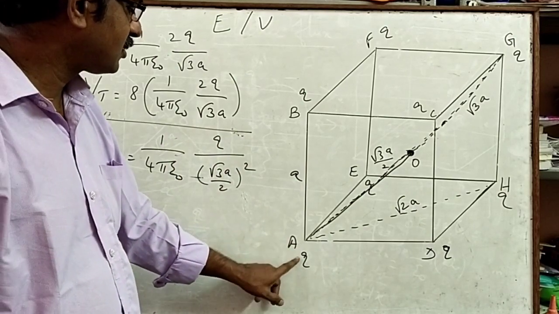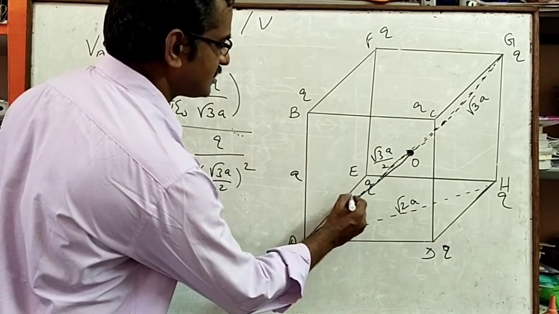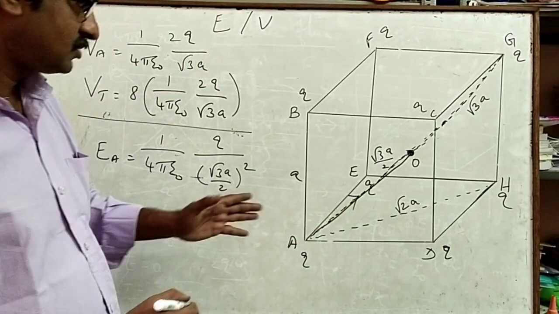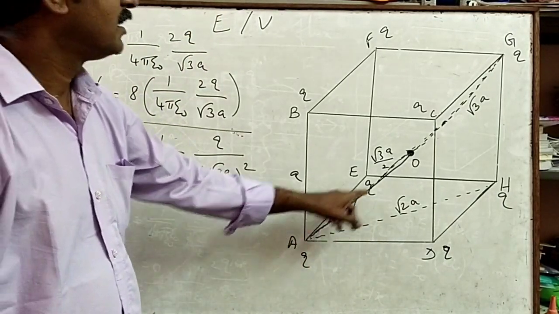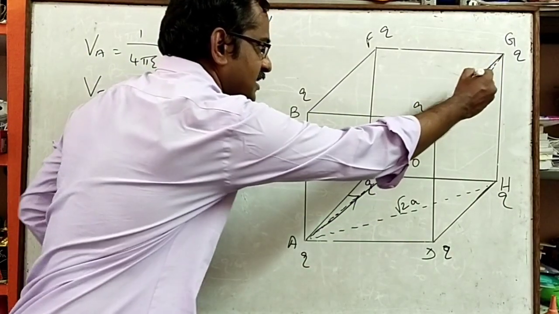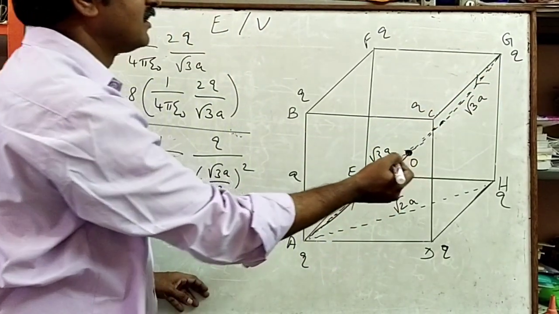From A, the electric field acts along the diagonal, and from the opposite corner it acts in the opposite direction, therefore these two get cancelled.